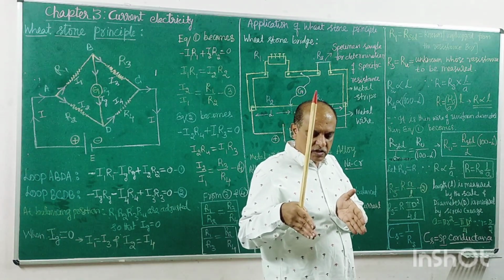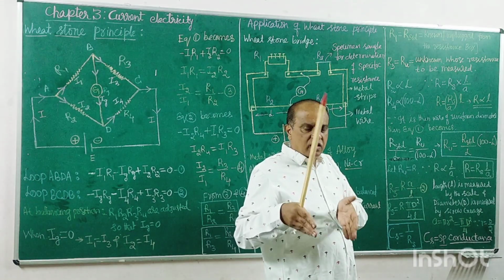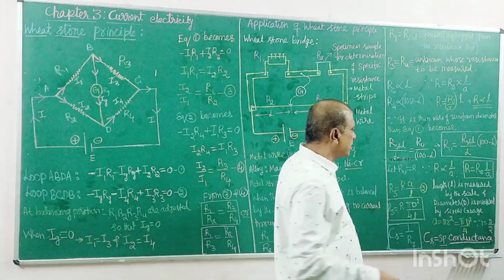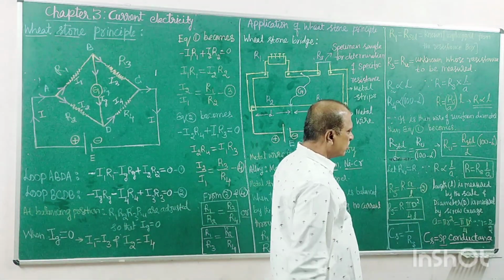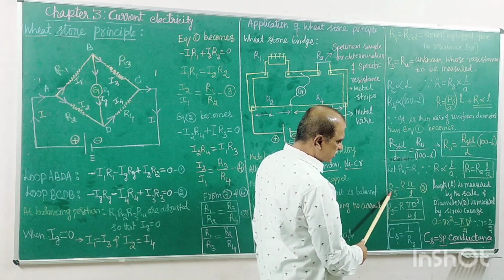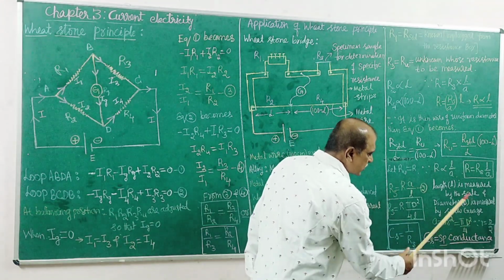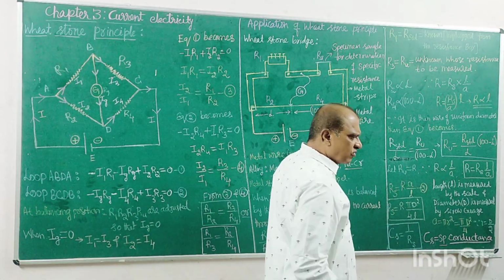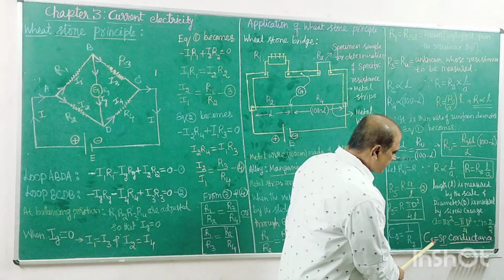Since these electrodes are fixed in a cell, L by A is taken as the cell constant. With the cell constant, we can directly write the resistance and specific resistance of the solution. In the same way, for the solution we measure specific conductance.